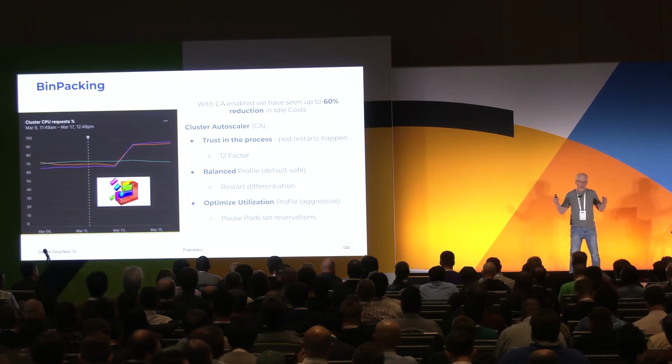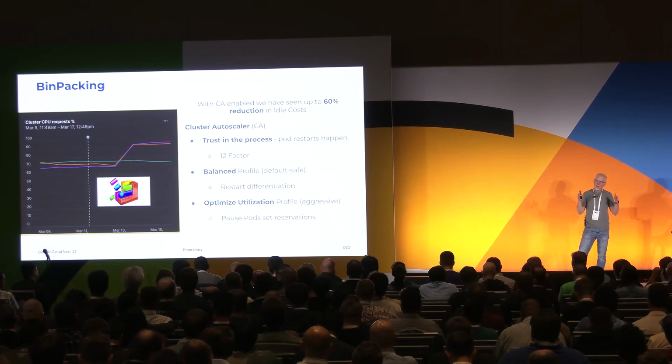Because it's so aggressively downsized, there's no extra idle resource for you to spin up quickly. So how do we deal with that? Well, we use what are called pause pods to set additional reservations to allow us to spin those things up quicker. So with all of those efforts, we've seen up to a 60% reduction in those idle costs, which was amazing for us.